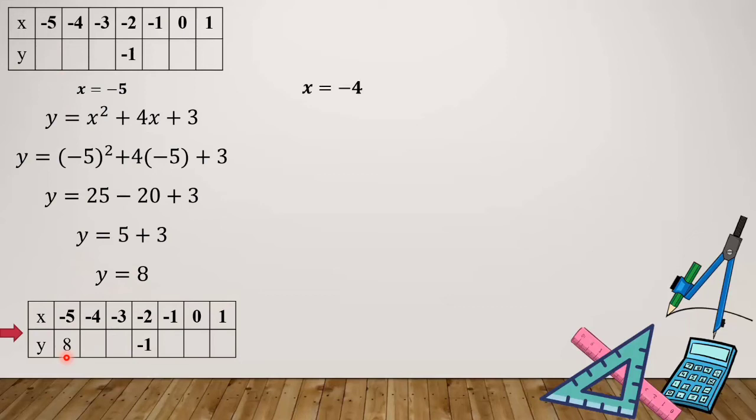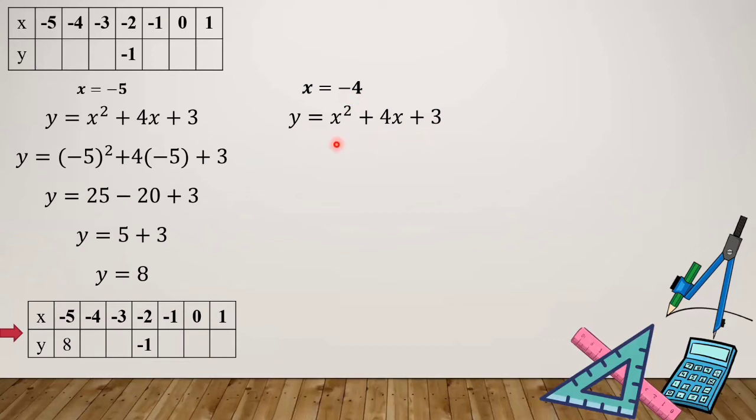How about if our x is equal to negative 4? Again, using the original equation, y is equal to x squared plus 4x plus 3. We substitute the values of x, which is negative 4.